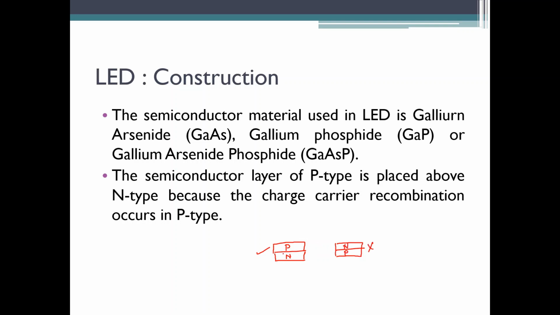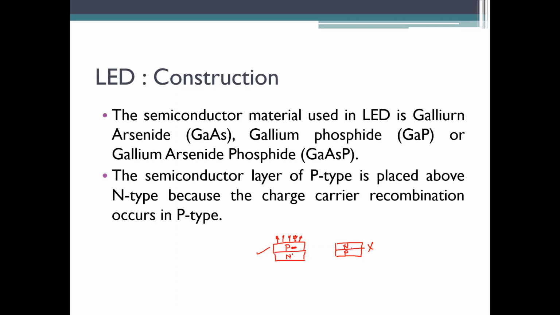Why will this combination emit light and why will the other not? The reason is given here: the charge carrier combination occurs in the p-type material. The electrons and the holes combine in the p-type material, not in the n-type material. Because the combination happens in the p-type material, the light is emitted from the p-type material itself.